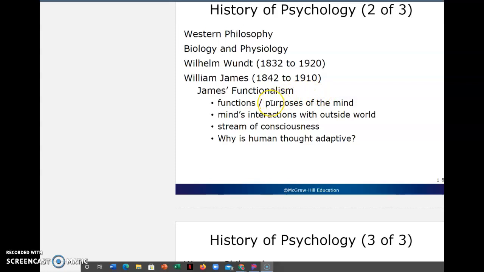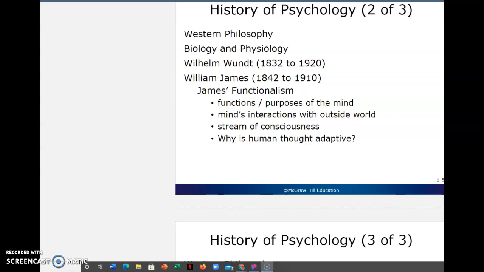James was looking at the work of the structuralists, and he didn't completely negate everything those theorists were saying, but he took it a step further, or put his spin on it. Where structuralists were emphasizing the components of the mind, functionalism, which was William James' theory, probed the functions and purpose of the mind and behavior in the individual's adaptation to the environment.